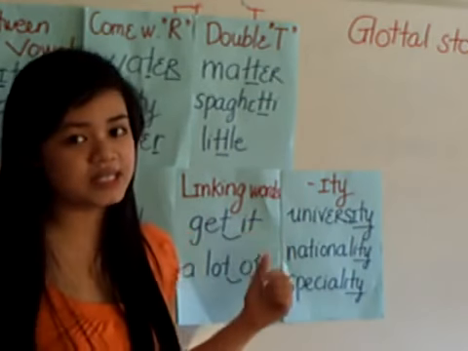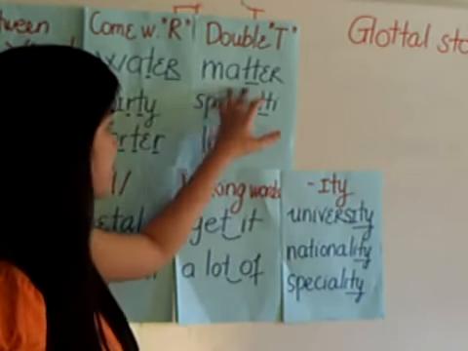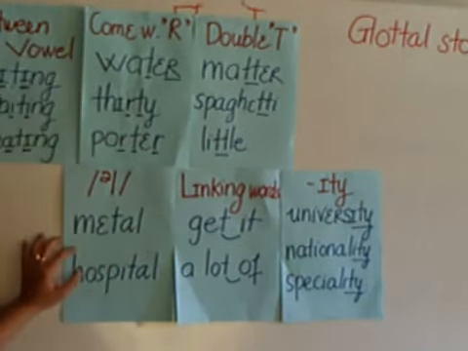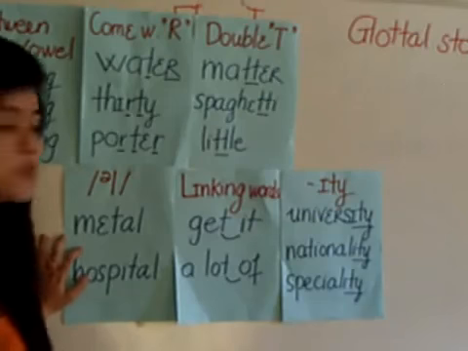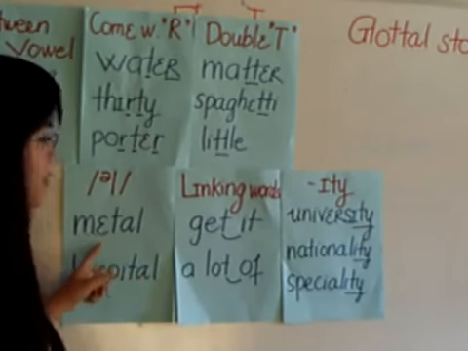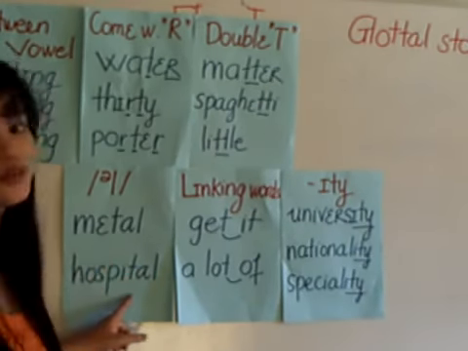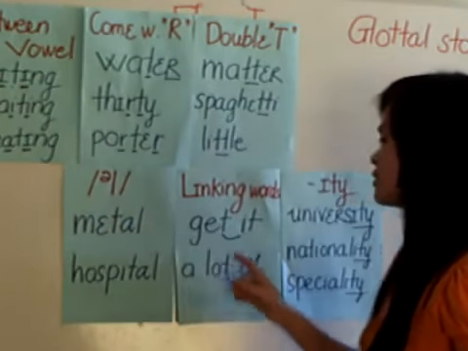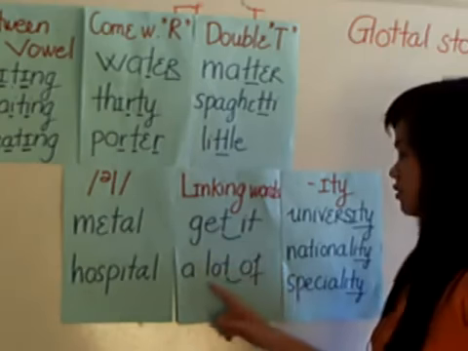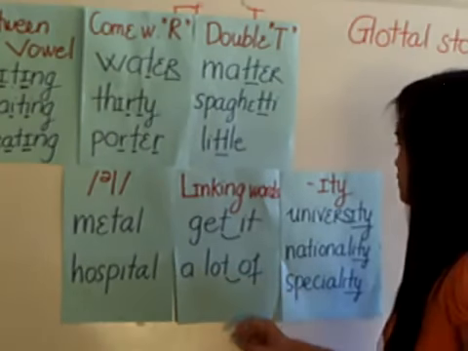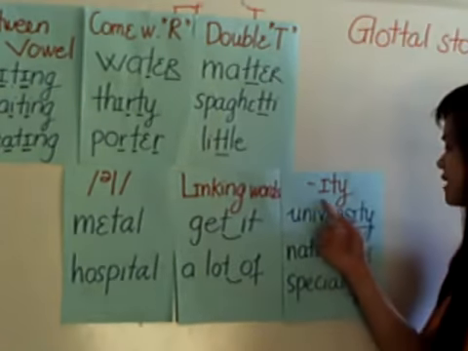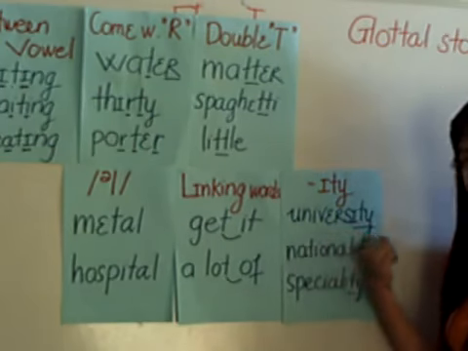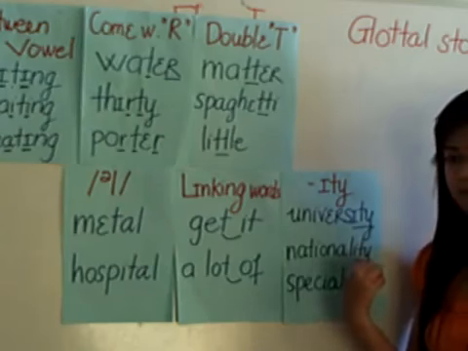When there is a double T in the word like matter, spaghetti, and little. Next, when T comes before the dark L, metal, hospital. Or when you want to connect words, so you say get it, a lot of. When the word has the ITY ending, you say university, nationality.